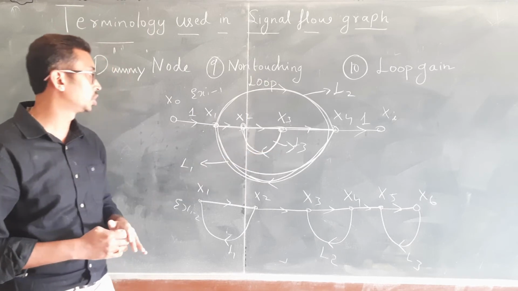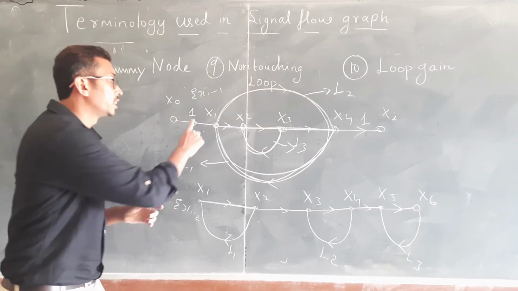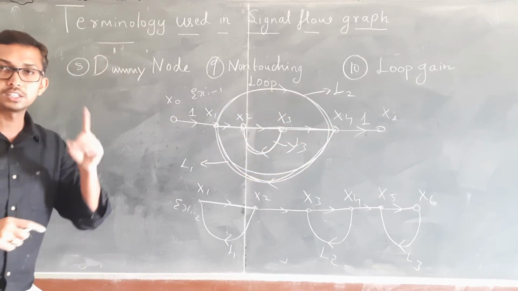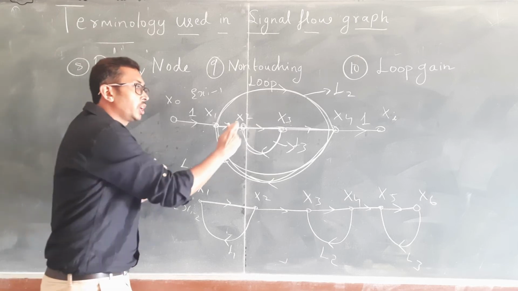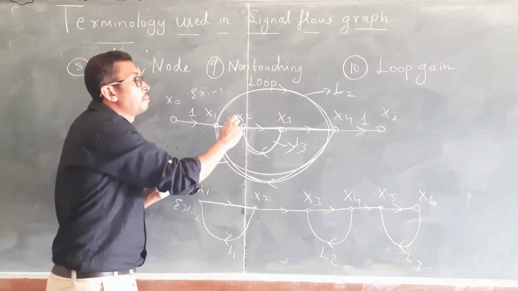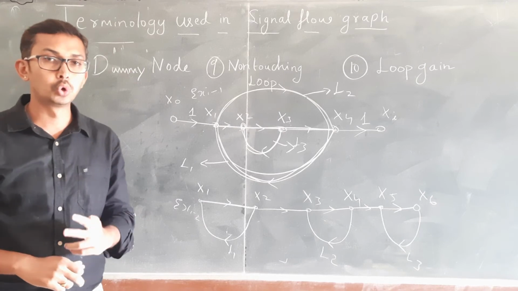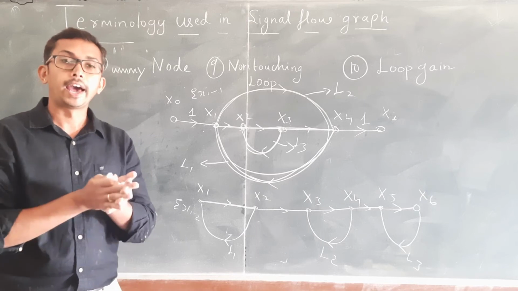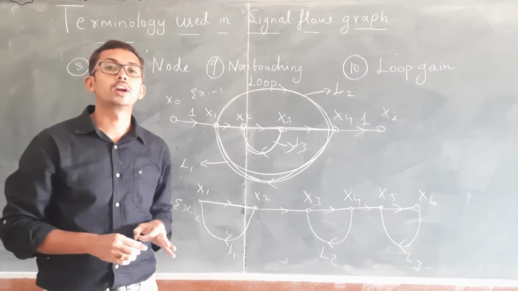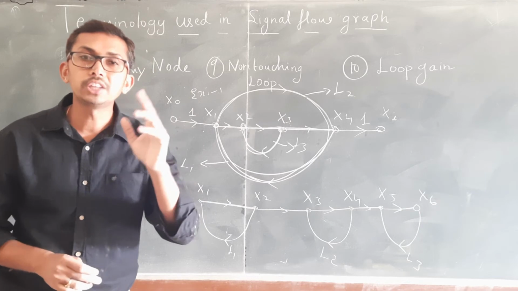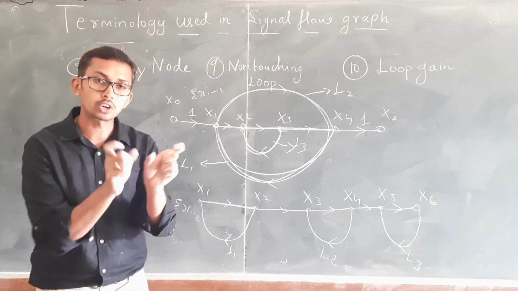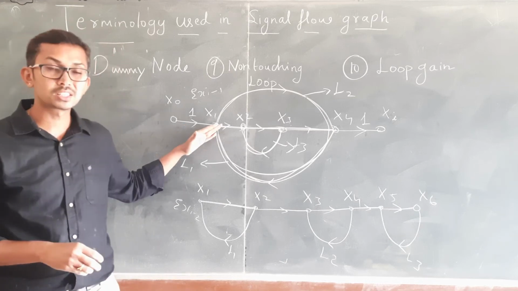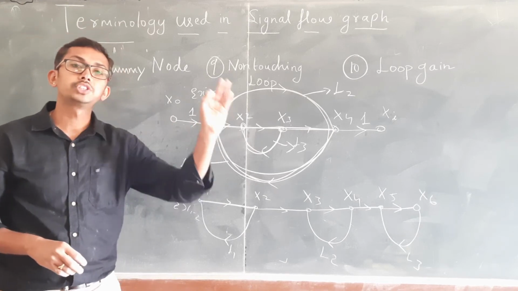The nodes of loop 2 are x1, x4 and back to x1. The nodes of loop 3 are x2, x3 and back to x2. These 2 loops do not have any common nodes, hence they are called 2 non-touching loops. Have you got this? This is an example of 2 non-touching loops.